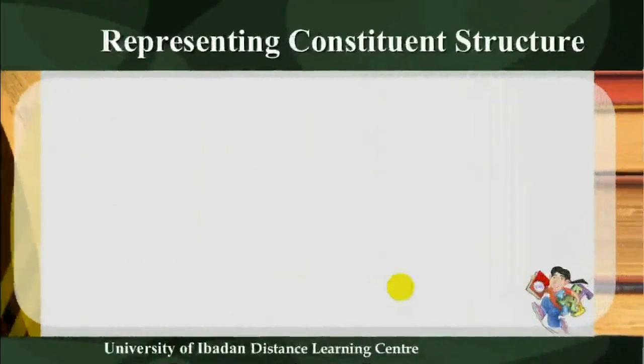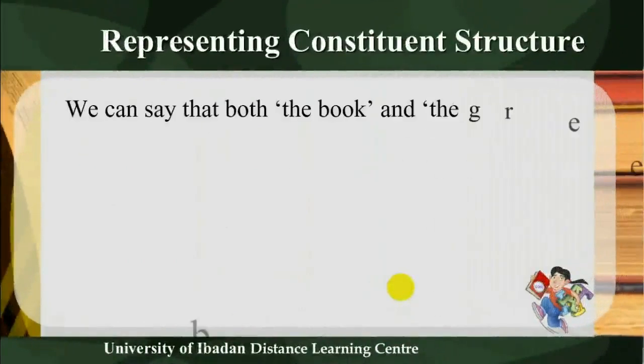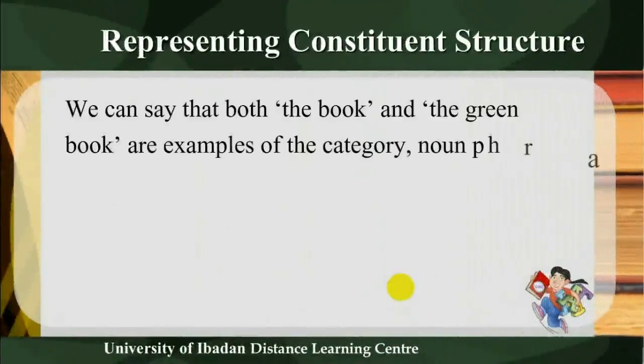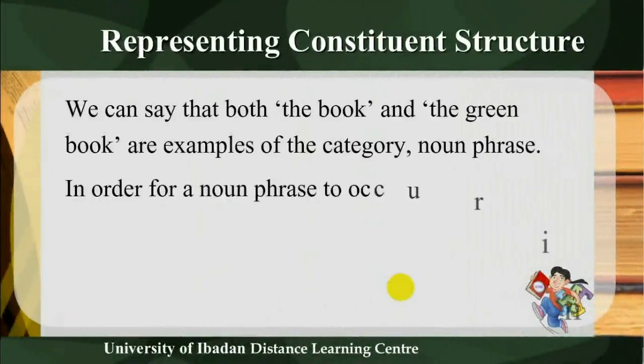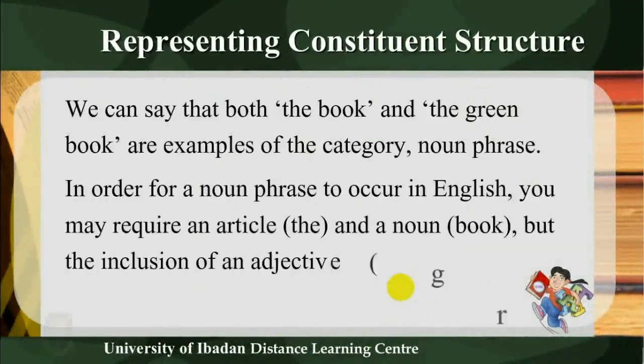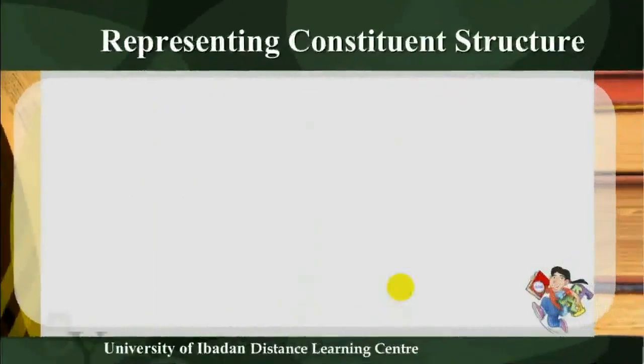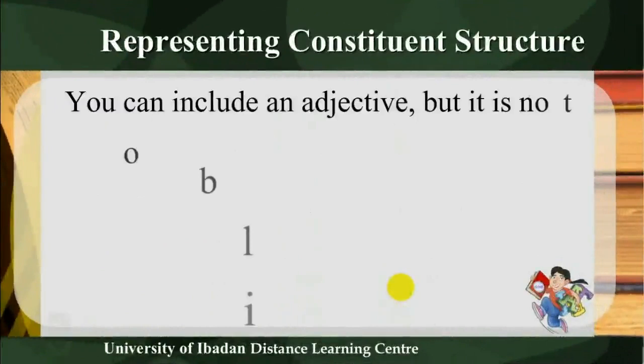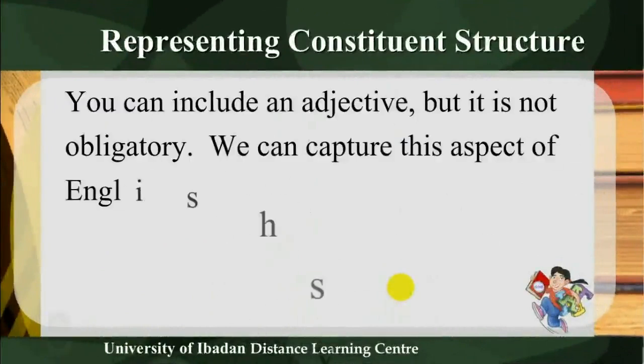We can say that both the book and the green book are examples of the category noun phrase. In order for a noun phrase to occur in English, you may require an article, the, and a noun, book. But the inclusion of an adjective, green, is optional. You can include an adjective, but it is not obligatory.